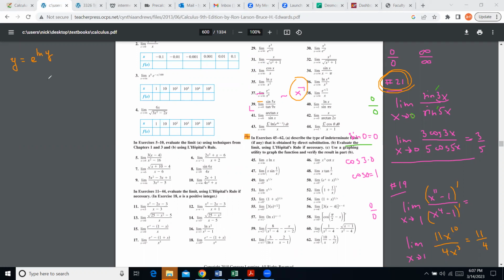And also, if you take a limit of y, then you can write this as a limit of e to the power, but that's a continuous function, and that's why you can just take e to the power of the limit of ln of y. So that's basically what we saw once and utilized.